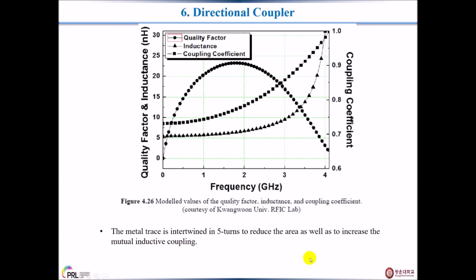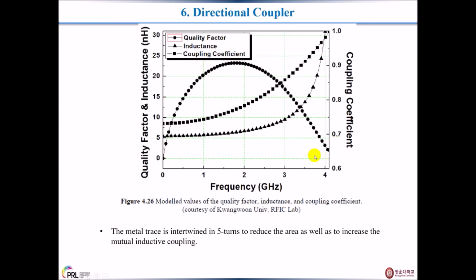As the trace winding is increased, both the inductance value and the coupling coefficient are increased, while the quality factor can be reduced in this way.